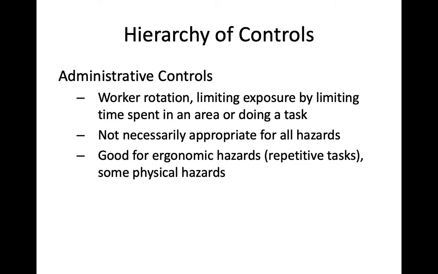Administrative controls: worker rotation, limiting exposure by limiting time spent in an area or doing a task, so not necessarily appropriate for all hazards. So it's good for ergonomic hazards, repetitive tasks, and some physical hazards.